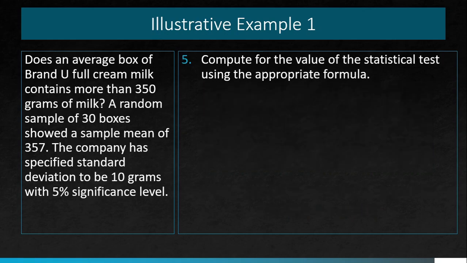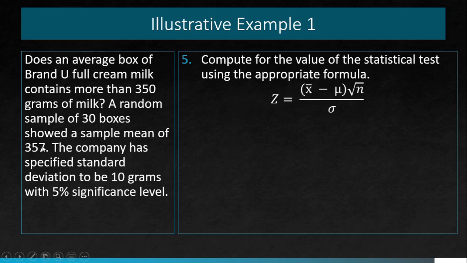We will now compute using the statistical test. We are going to use again the formula for z-test for one sample mean, in which we will just substitute the given to our formula. What is our sample mean?